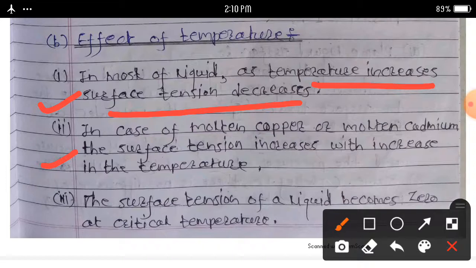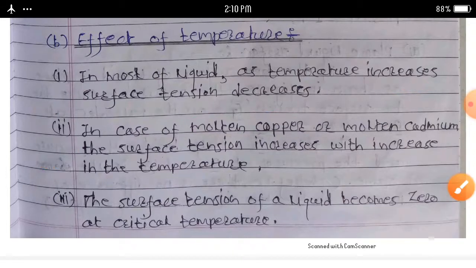Second, in some cases like molten copper or molten cadmium, the surface tension increases with an increase in temperature.